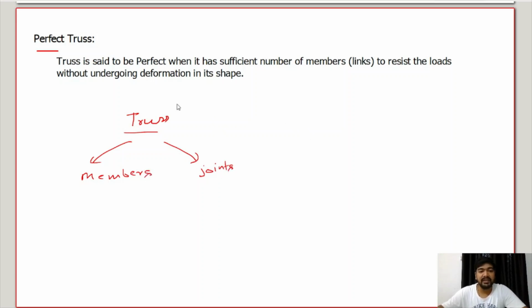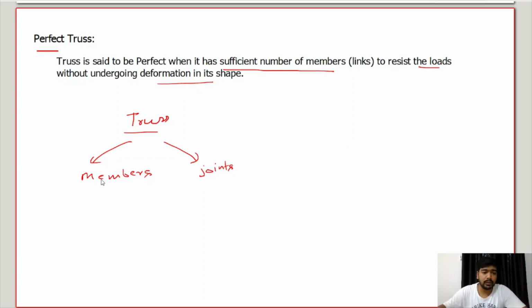So when we say that truss is perfect, it has a sufficient number of members so that the load applied on the truss will not be able to deform its shape. जो आपके truss की shape है, that will not change when we apply the load. So it has a sufficient number of members.